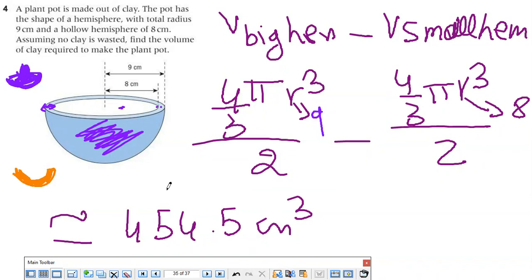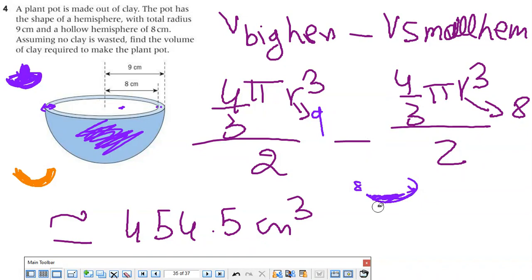So I repeat again, it's as if I have a full hemisphere. The volume of this full hemisphere is 4 over 3 pi r cubed over 2, and the radius is 9. But now I want to empty it from inside to be able to put the plant. If I empty it, I'm removing part of it, the part of the hemisphere that has a radius of 8.